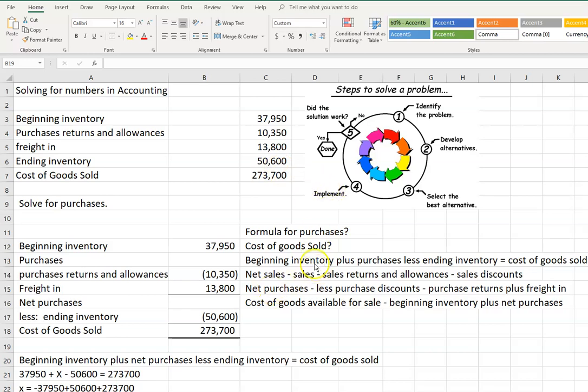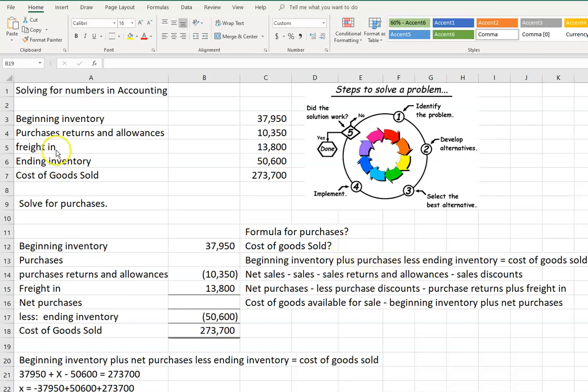It's beginning inventory plus purchases less ending inventory equals cost of goods sold. So when you think about these items in this formula, you realize that you have all of them except purchases. Well, from algebra, you know that you can solve for anything if you have one unknown. And that's what we have here, one unknown.